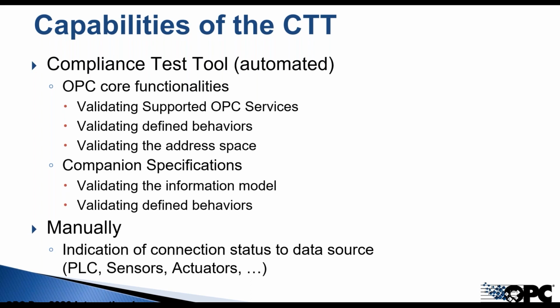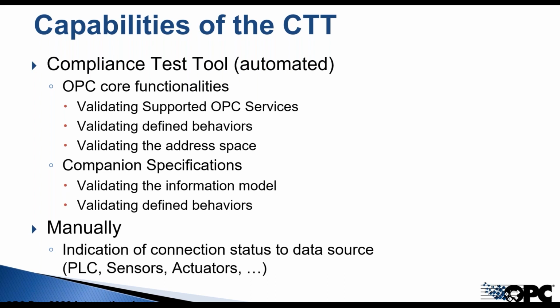So we also do have a lot of manual test cases. And the reason for that is that in certain scenarios, the OPC specification requires certain behavior that we cannot enforce with the tool. For example, the indication of a connection status to a data source.